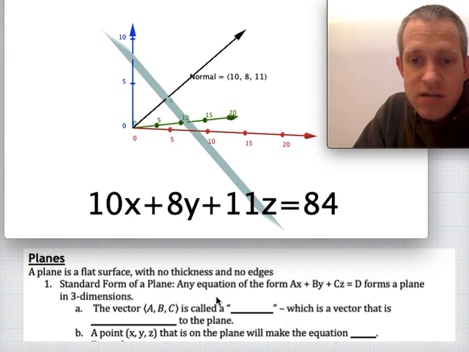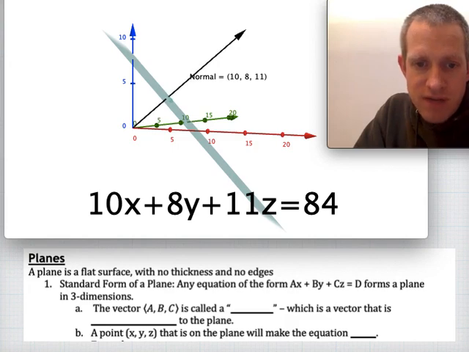And the standard form for a plane is any equation that is of the shape something x plus something y plus something z equals something. And so when we do that, first trio, A, B, and C, that is a vector that is perpendicular to the plane. And you can see that here.